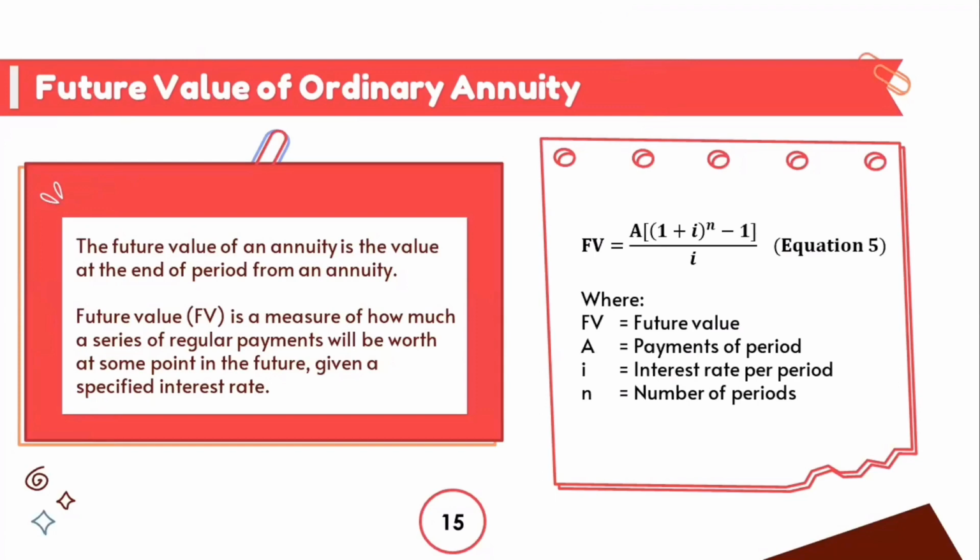Okay, next is future value of ordinary annuity. The future value of an annuity is the value at the end of the period of an annuity. So this is the formula to find the future value of ordinary annuity.